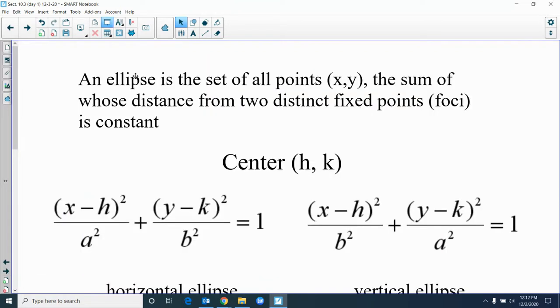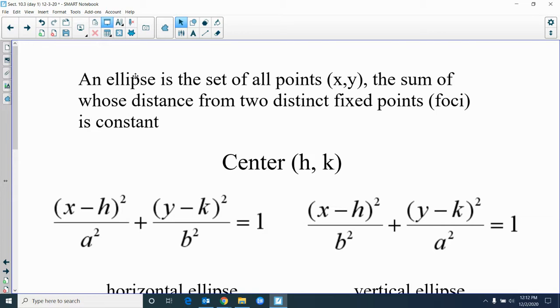Okay, we're going to talk about the conic sections in terms of distance. We talked about a circle, all the points the same distance from a fixed point, which is your center. We talked about a parabola, which is all the points that are equidistant from a fixed line and a fixed point not on the line.